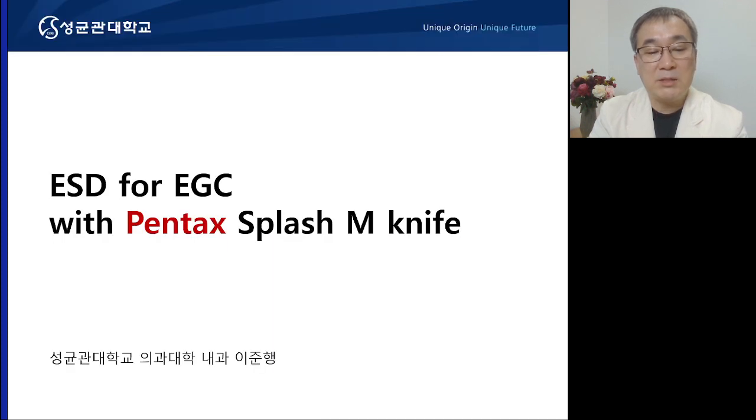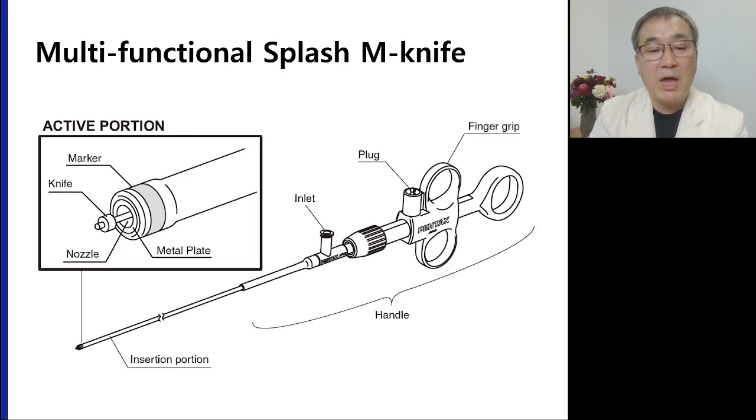Next topic is ESD for EGC with Pentax Splash M knife. Splash M knife is a new multifunctional ESD knife from Pentax company. It has a needle-type tip with hooking mechanism.